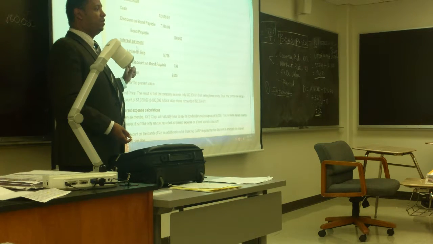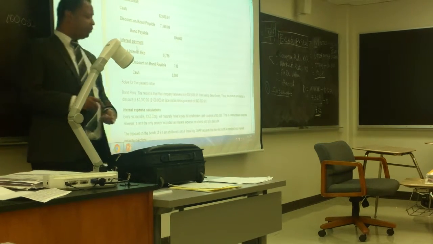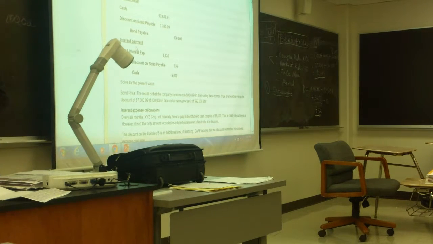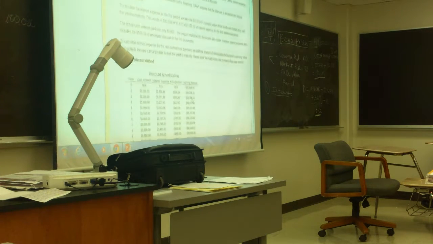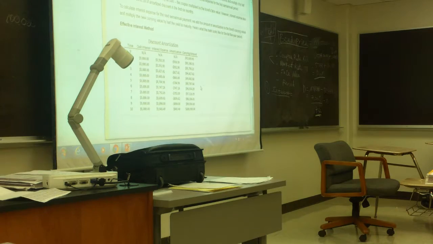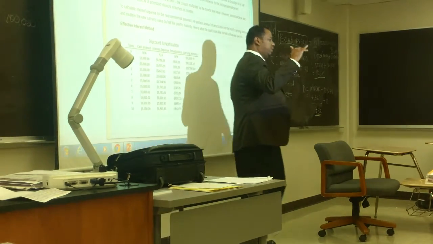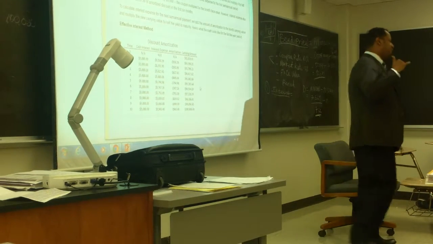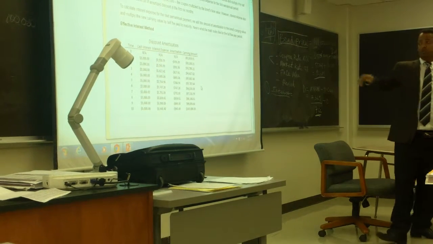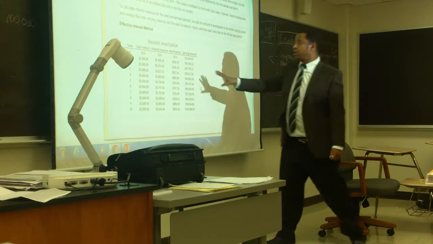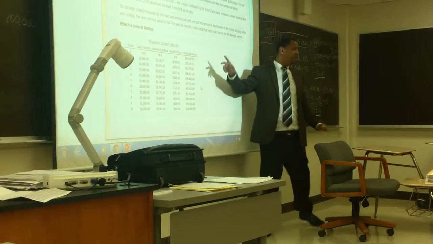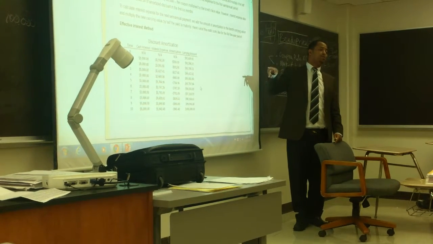5,000, 5,000. Okay? Now, the next step would be to show the amortization table. This is how the amortization table looks like. An amortization table always shows you the periodic interest payment and the carrying value for each year. This amortization table is actually calculated using the interest method of amortization.